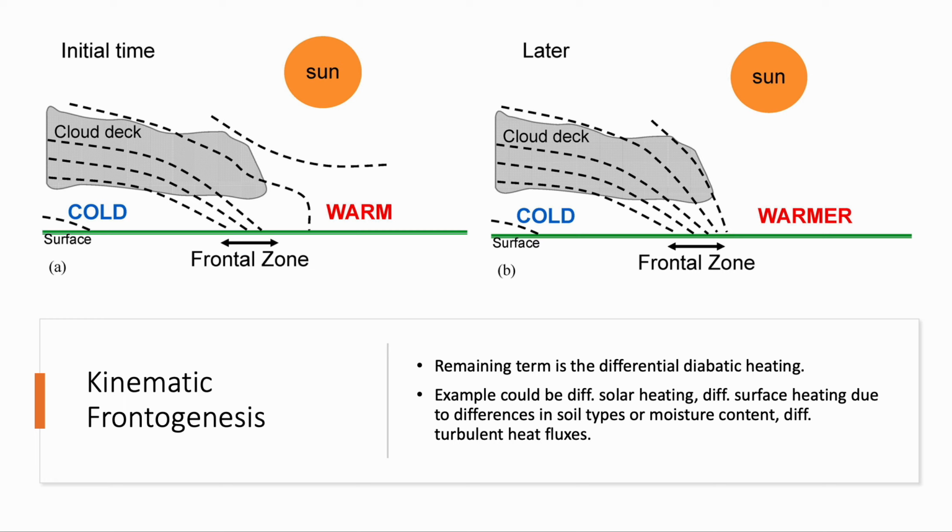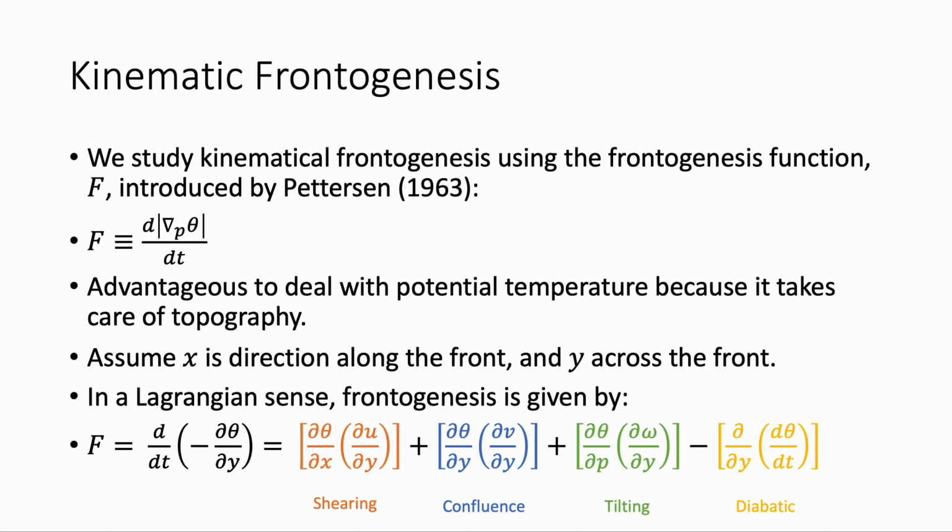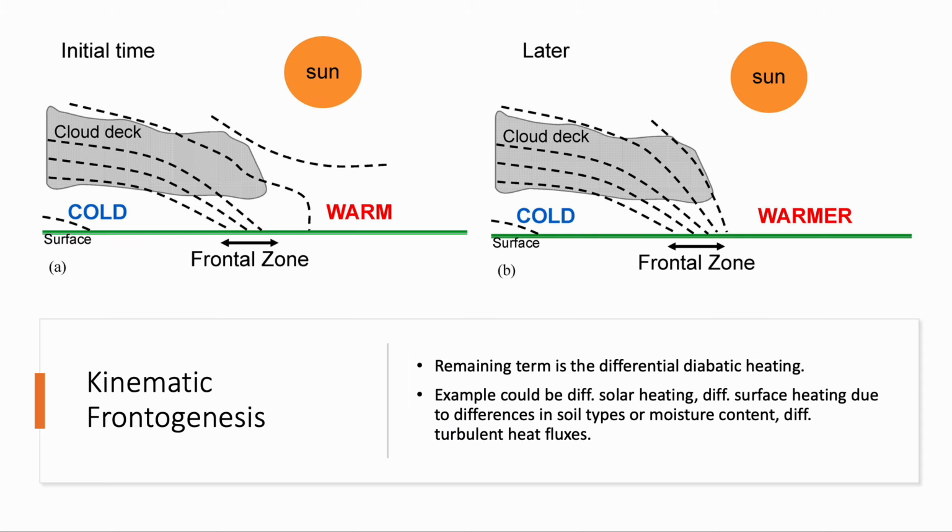Fourth, last but not least, there's this term that is the diabatic term, and notice that here the time derivative and the y derivative have been flipped, and so now this is the differential diabatic heating or cooling. So imagine a situation where you have a cold front. And the cold front, well, it's cold, and it's typically associated with clouds and rain. So below the front, there's typically a pretty thick cloud deck.